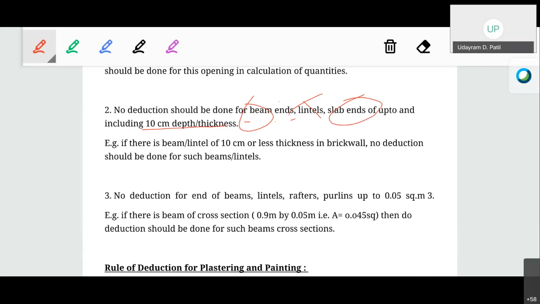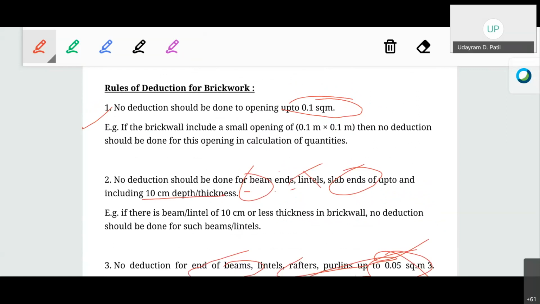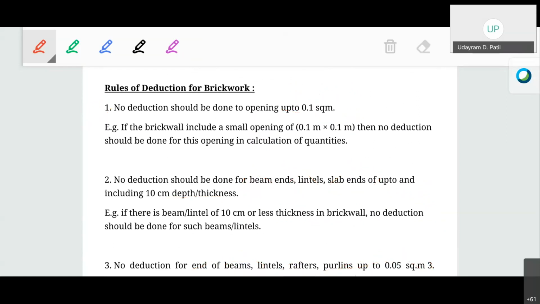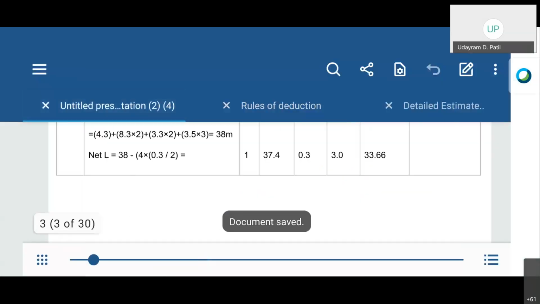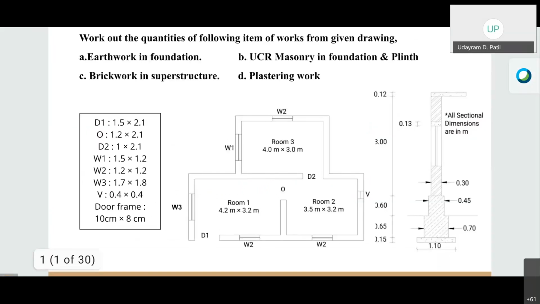Okay, so there are no end beams or lintels up to 0.5 square meter. Again, this particular rule is not applicable to our particular example. Therefore, all of the openings we have to deduct from the brickwork.